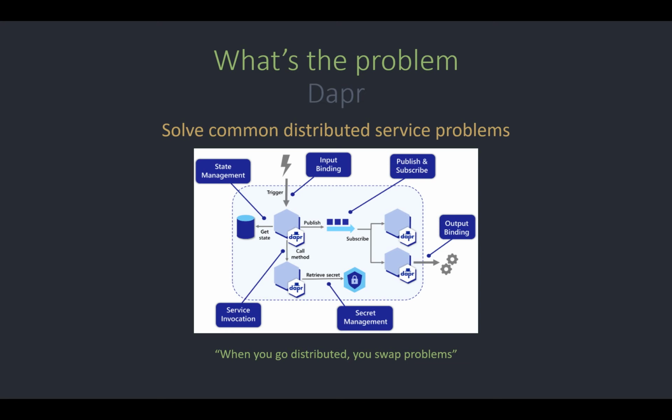This is not going to be a microservice talk. That would be a whole section of its own, and therefore it's important to know that the problems this is designed to solve are the problems that you get when you start having a distributed system.